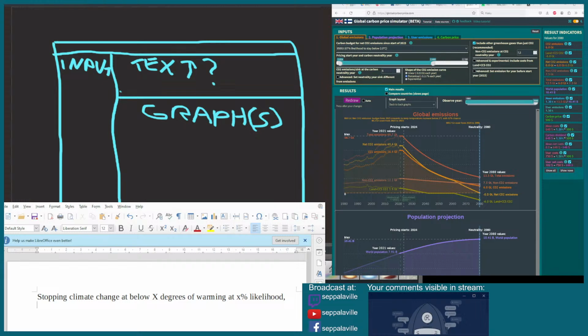Right now when you go to the page, if you're not too familiar with the concept that's going on here, that we have a carbon budget, or a concept like climate neutrality or carbon neutrality, it might be difficult to grasp what your selections on the site mean.